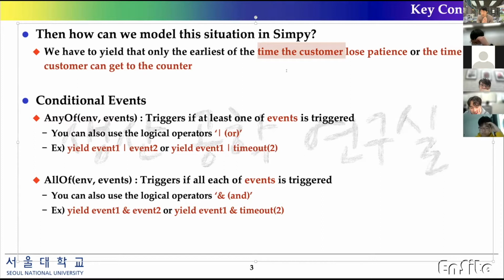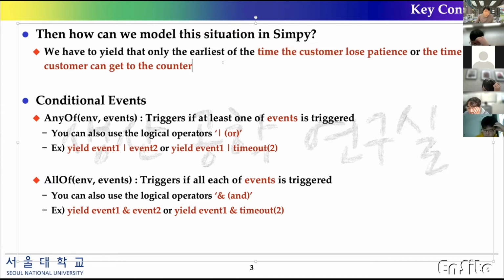So in this case, we will use just one yield function. We need to catch the earlier event that is coming. Before the simulation, we don't know which is the earlier event. The earlier event will be determined during the simulation progress.